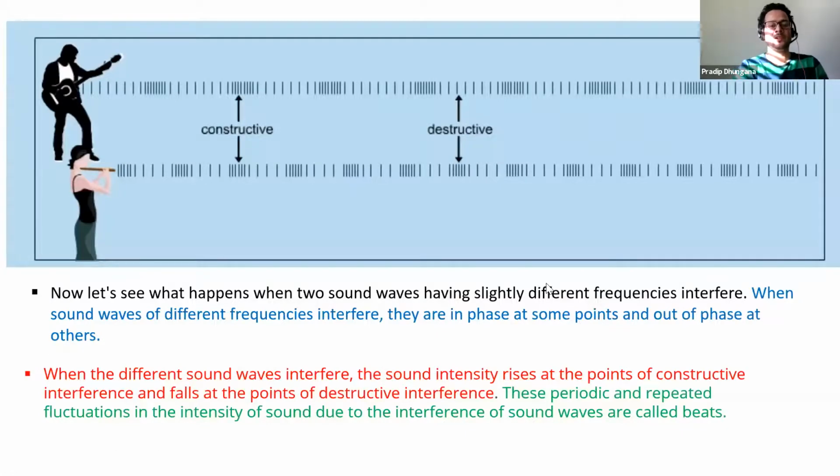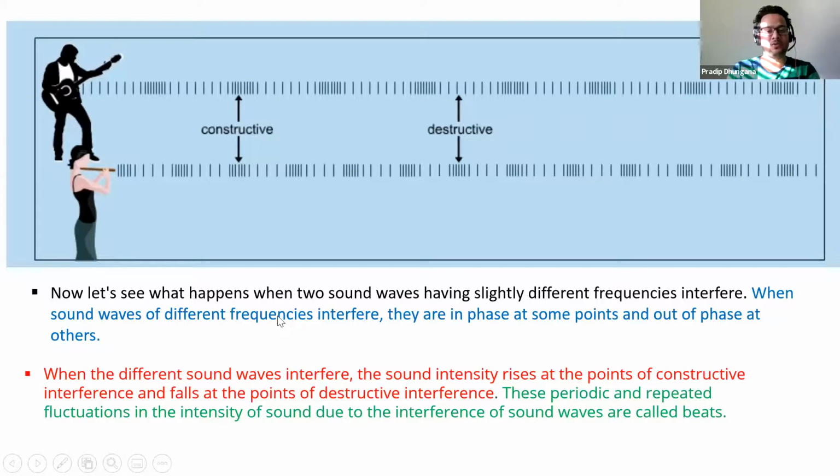Now let's think about what happens when two sound waves having slightly different frequency interfere with each other. Whenever sound waves travel, we can see compression and rarefaction. This is a compression, this part is rarefaction.